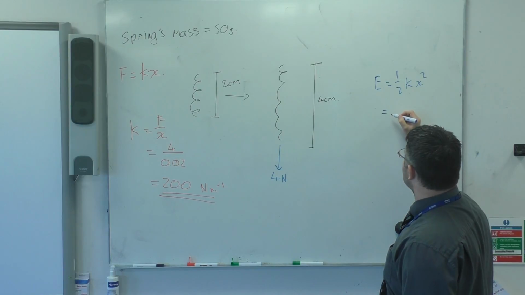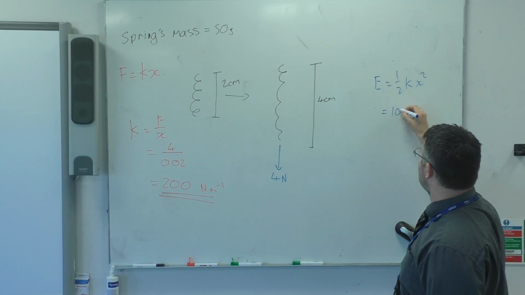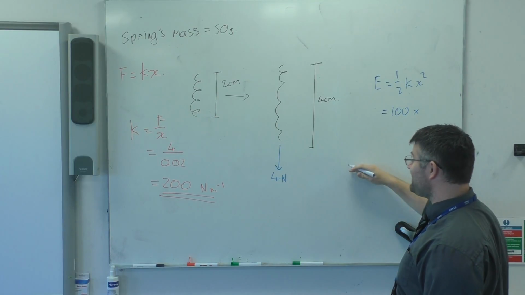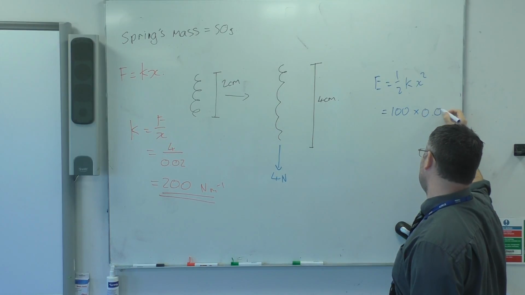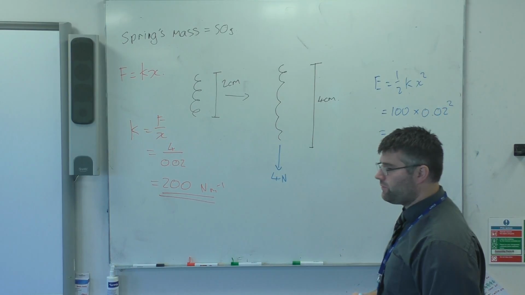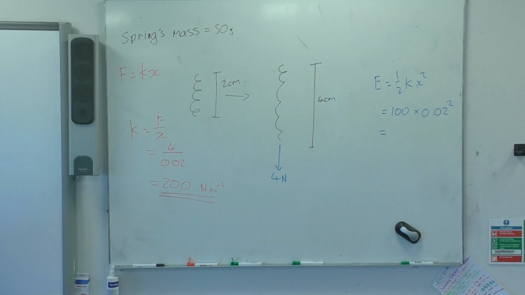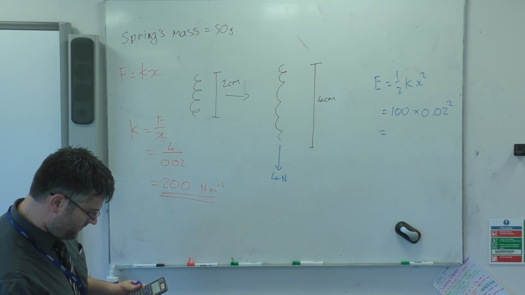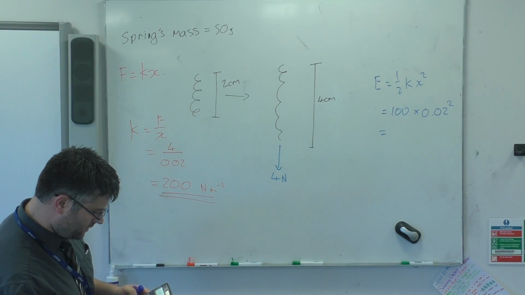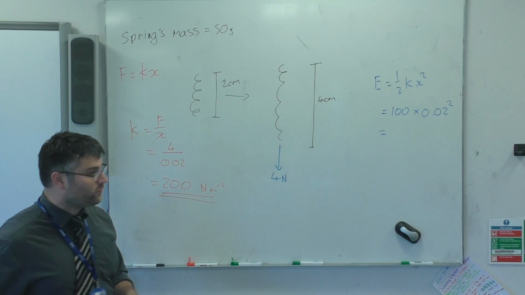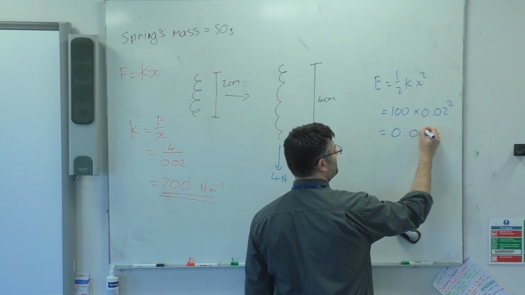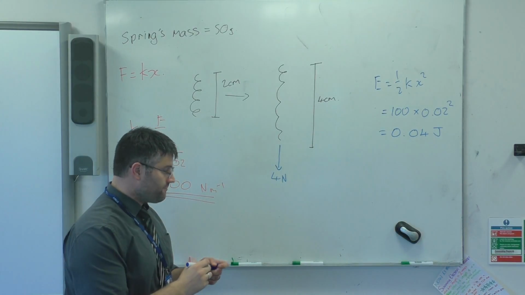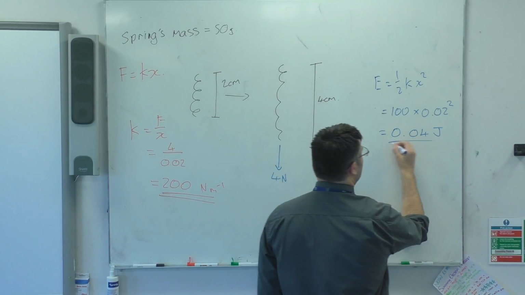So k from the previous one is 200, so we can half that already to 100. We're going to then times that by our extension, 0.02 squared. So 0.02 squared, times that by 100, that's 0.04 joules. So that's the amount of energy that it's got stored in it. That's the second thing we could find out.